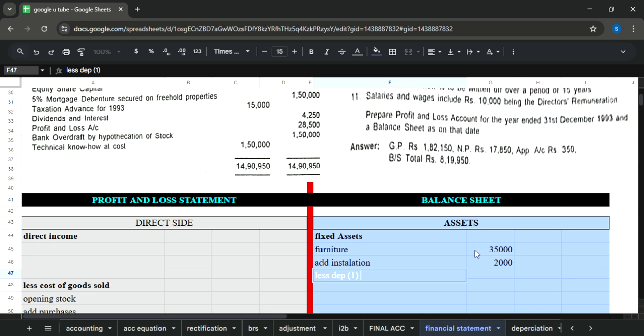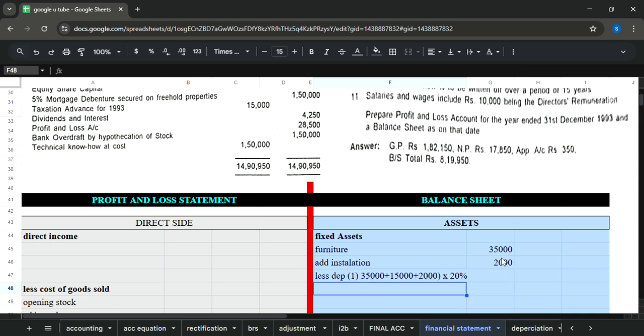For this what you will do, you will take 35,000 and then you will add 15,000 of previous year depreciation and this wrongly included 2,000 you will add and then you will charge depreciation of 20%. So this is your first method of depreciation.